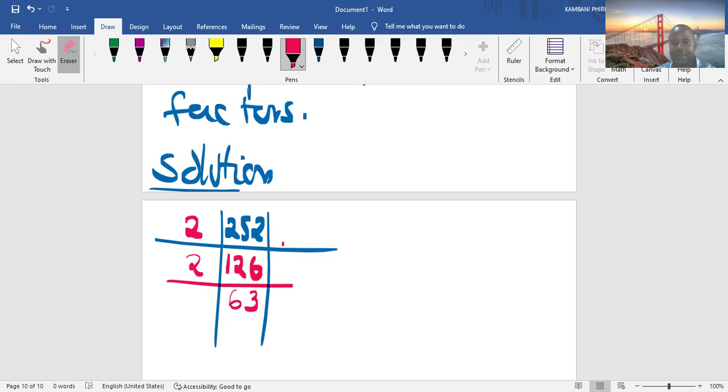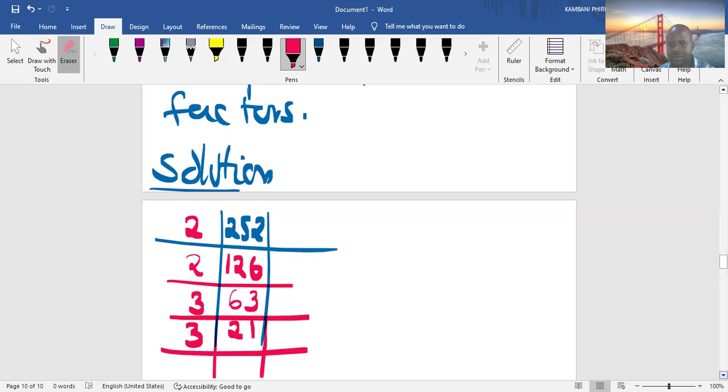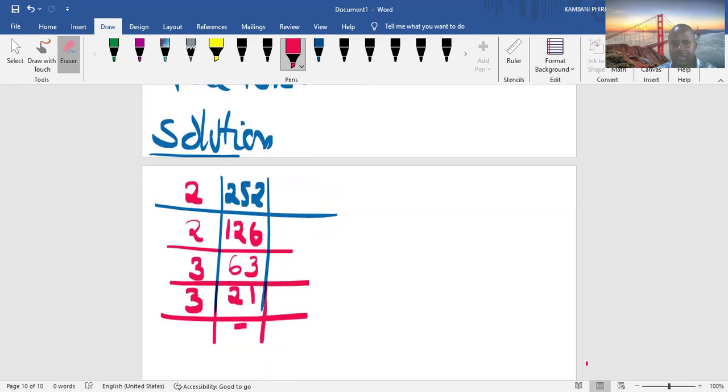The next prime number that can divide into this is 3. 3 into 63 is 21. 3 can still divide into 21. And you get 7. The next prime number that can divide into that is 7 itself. And what do we get? 1. Okay.